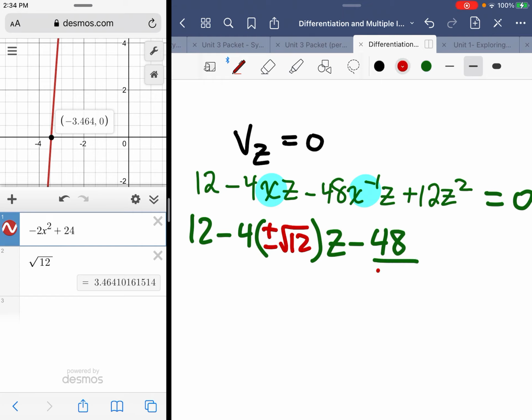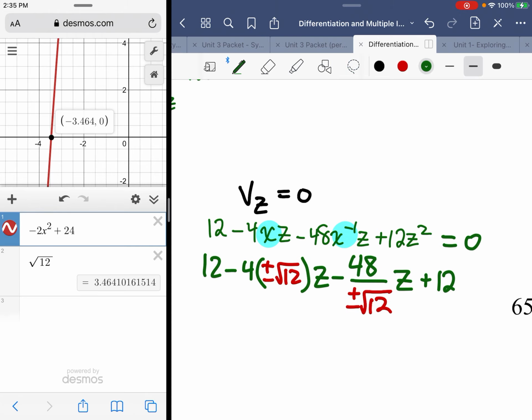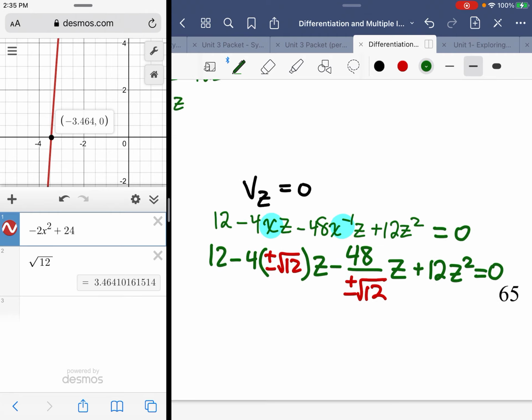I'm going to write this over plus or minus the square root of 12 z plus 12z squared, all equal to 0.